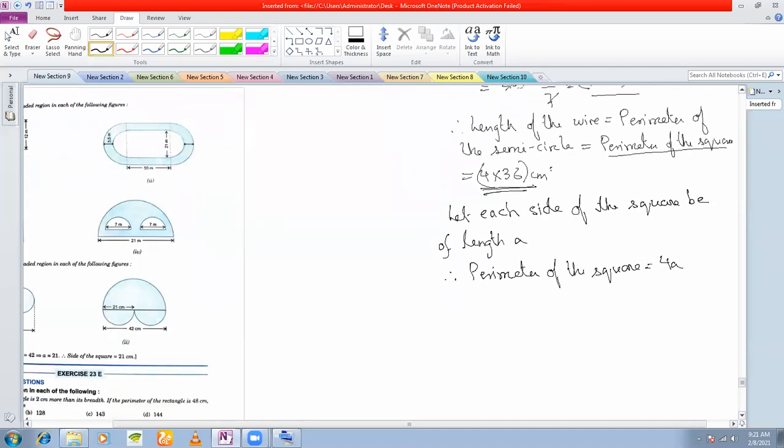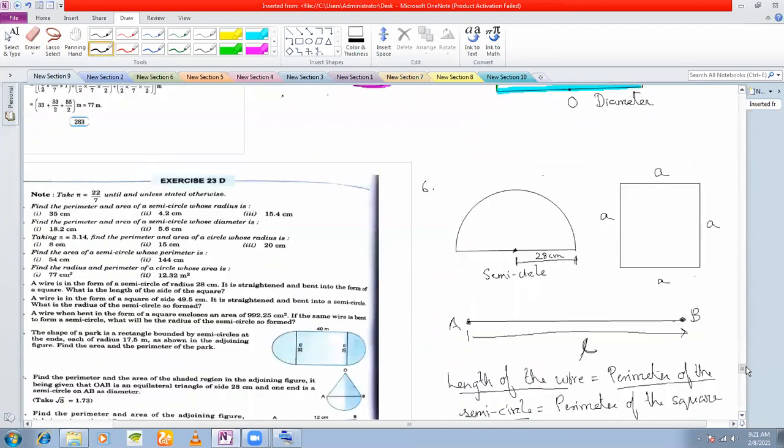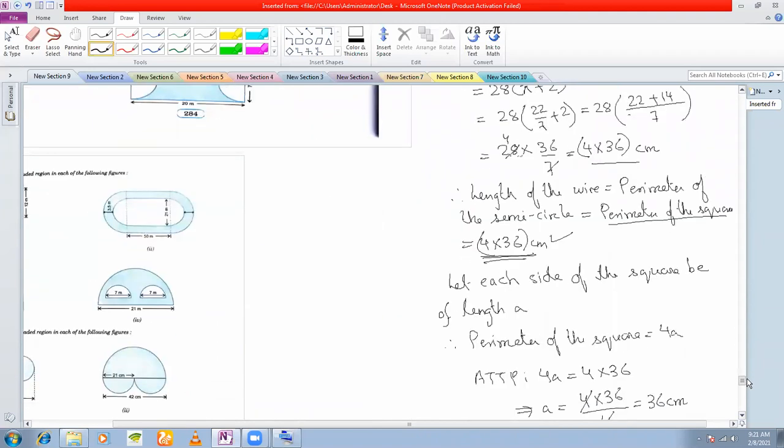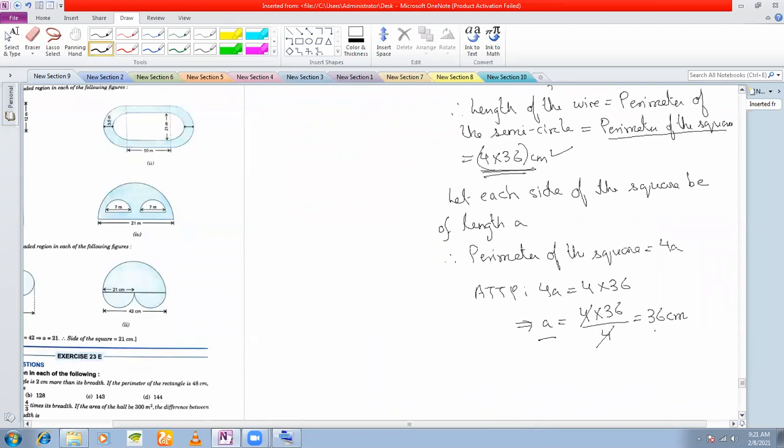And how much have we found the perimeter to be? 4 into 36. So according to the problem, 4A must be equal to 4 into 36. It means A must be equal to 4 into 36 divided by 4. So clearly 4 and 4 cancel here. I get each side of the square is of length 36 centimeter. And I think that was the question. Yes, find the length of each side of the square. So each side of the square A is equal to 36 centimeter.